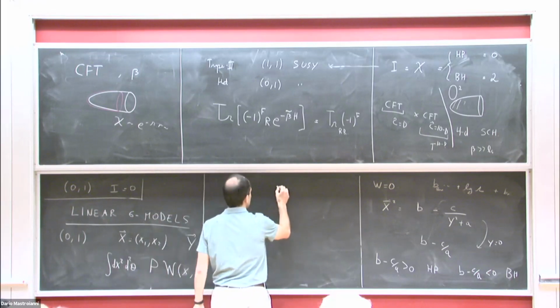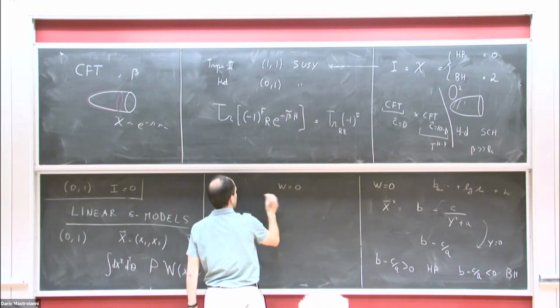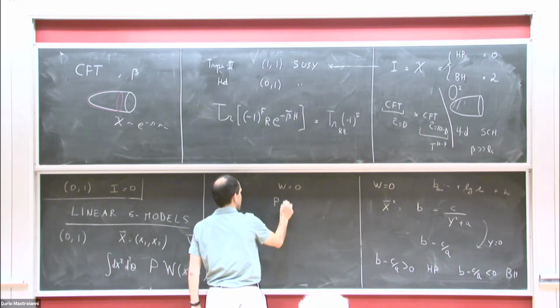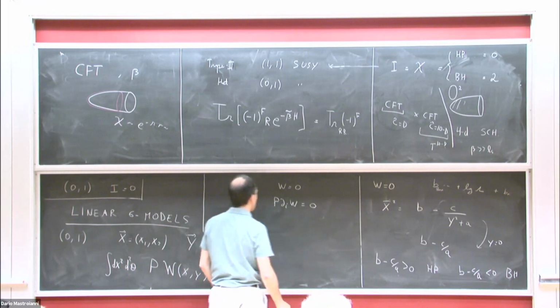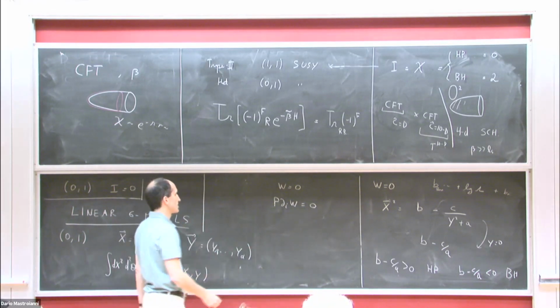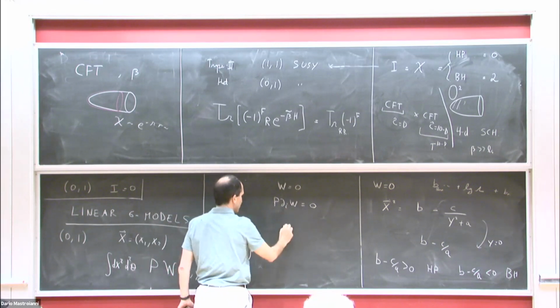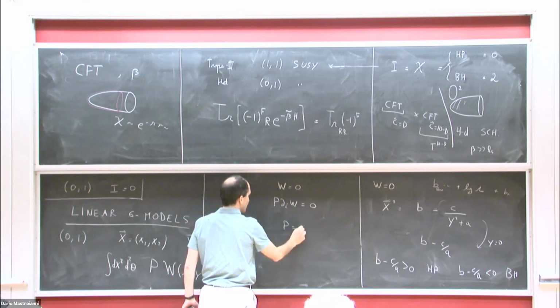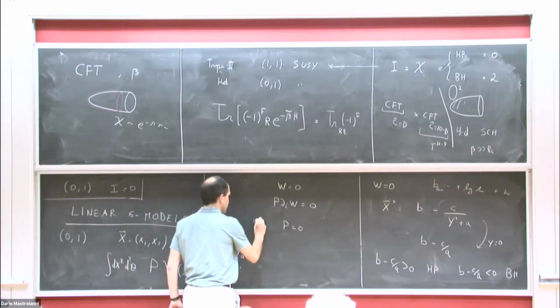In particular, the derivative with respect to P says that W should be 0. And then there are derivatives with respect to the other fields, which imply this equation. So one possible solution is to set W equal to 0 and P equal to 0.